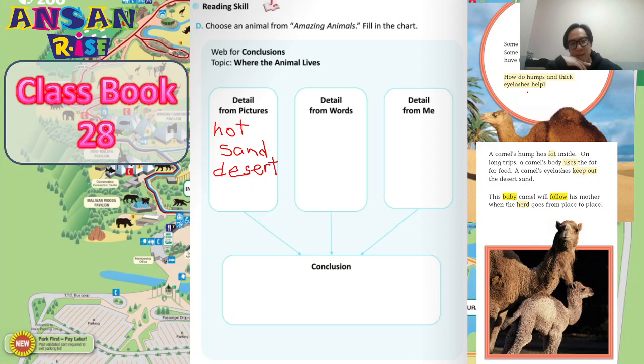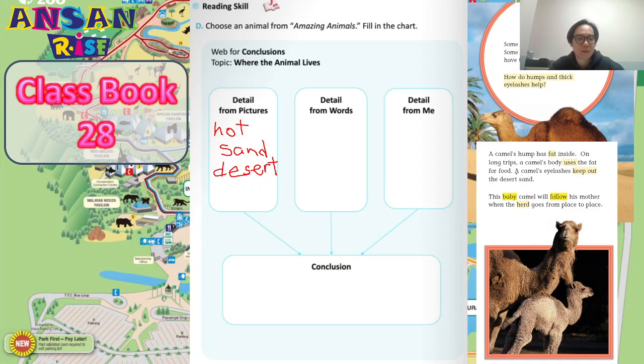Well, does that tell us anything about where they live? No, it doesn't. Well, it says, a camel's hump has fat inside. On long trips, a camel's body uses the fat for food. Does that tell us a little bit? Maybe a little bit. A camel's eyelashes keep out the desert sand. Well, that definitely tells us about the sand, right?